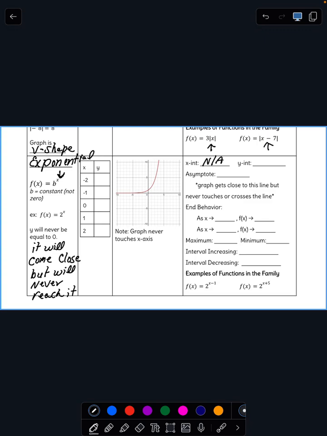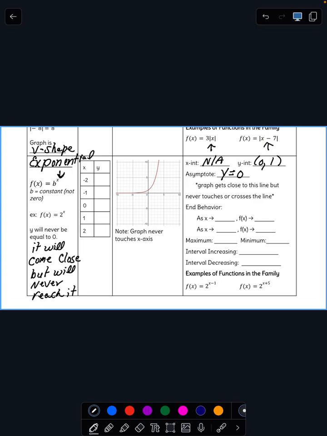It does not have an x-intercept, and your y-intercept happens at 0, 1. Your asymptote is y equals 0. The graph gets close to this line, but never touches or crosses the line.